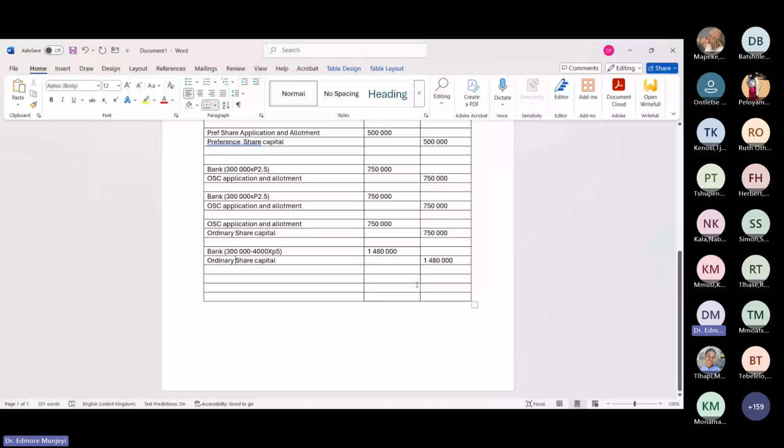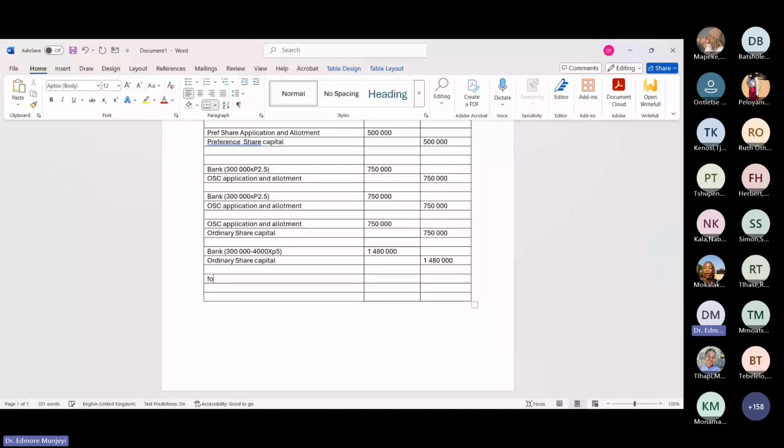But now the question: in accounts, we don't just ignore. I want us to understand this, ladies and gentlemen, online, please. We are being told that we're supposed to receive money on the 300,000, but the 4,000 did not pay. So what are we going to do? We are going to create what we call a forfeiture account.